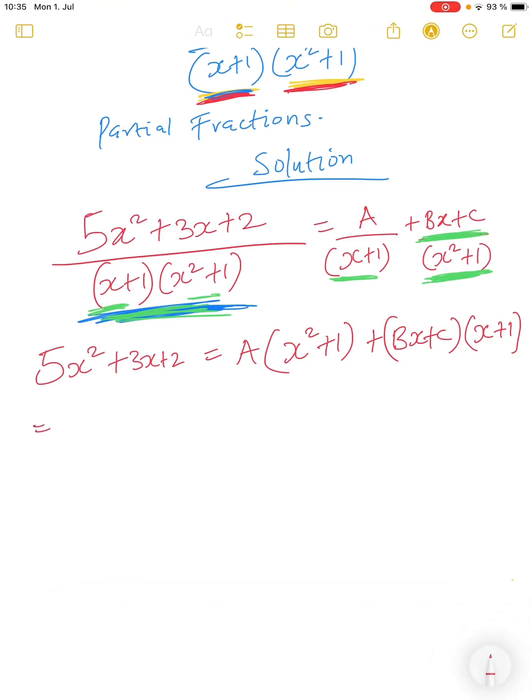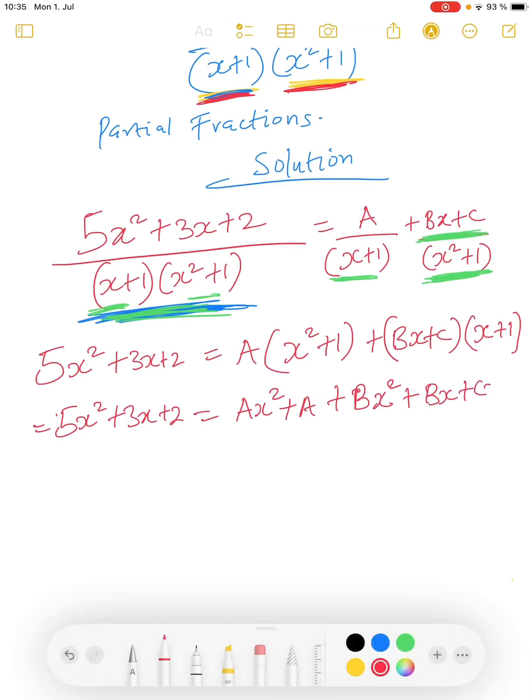Then we have 5x squared plus 3x plus 2 equal to, now we have ax squared plus a plus bx squared plus bx plus cx plus c. So we obtain this by opening this bracket.